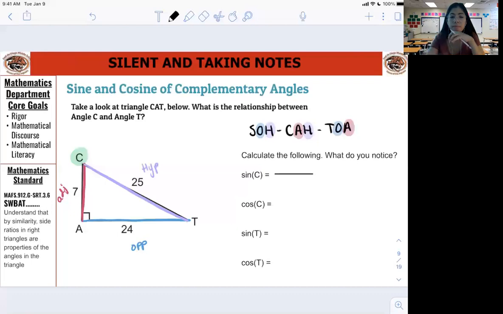Six. Hmm? 7. Just 7? 7.5. The sine of C. How did I just spend 15, 20 minutes teaching this and my students don't know how to do it?